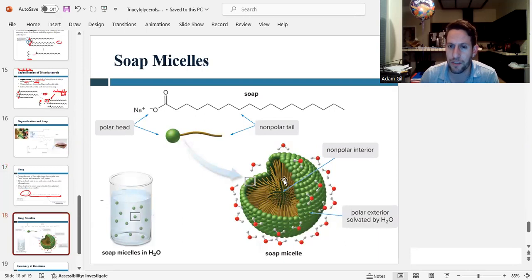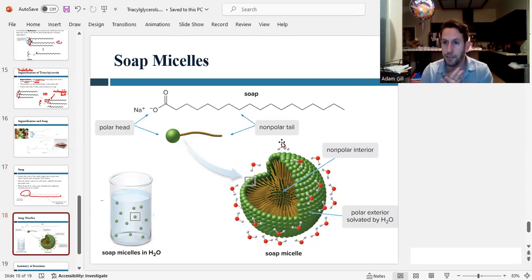It's completely excluded from water. And so this unique three-dimensional structure naturally forms as a result of the forces of the polar head and the non-polar tail when you throw it into an aqueous solution. They don't want to just be free floating by themselves around the water. They will quickly orient themselves together and form this micelle to try and get the tails away from the water.